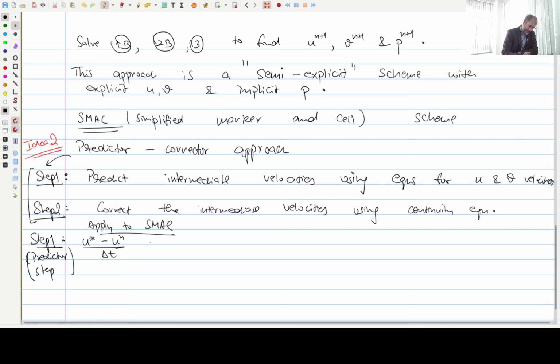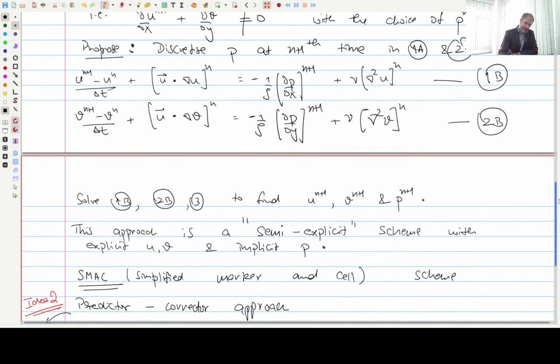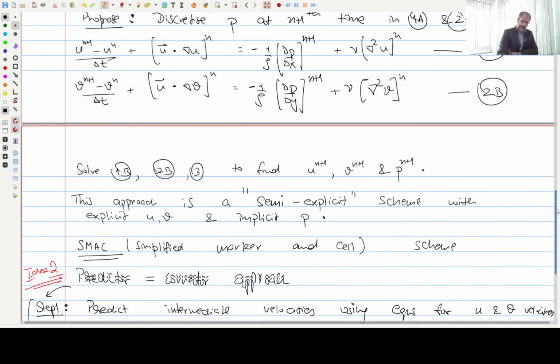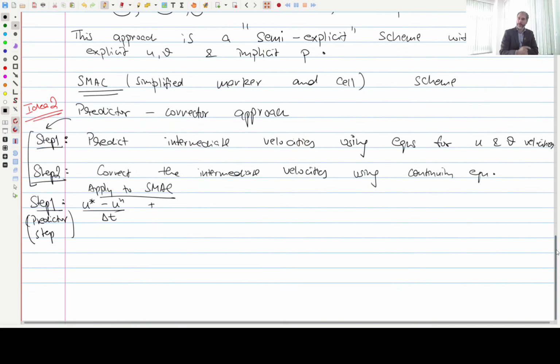Please focus on how this equation is going to be different from equation 1b. 1b was this equation where you had an explicit approach, but you had pressures at n plus 1. That's the semi-explicit system that we are solving. So try to figure out how this equation is going to be different from that.